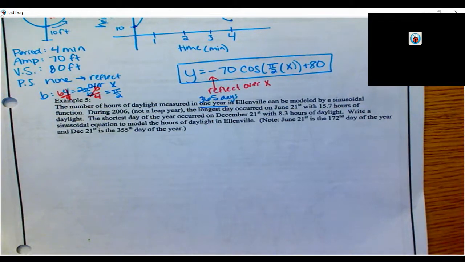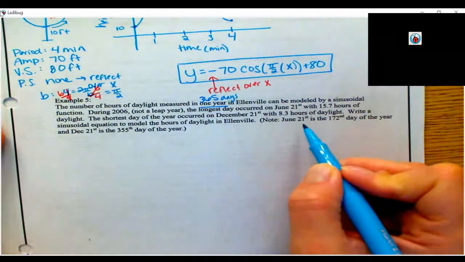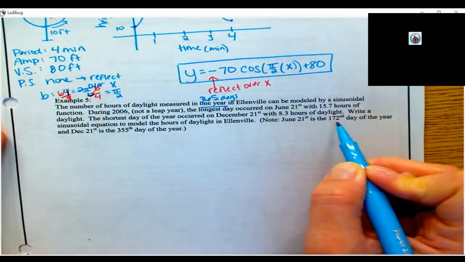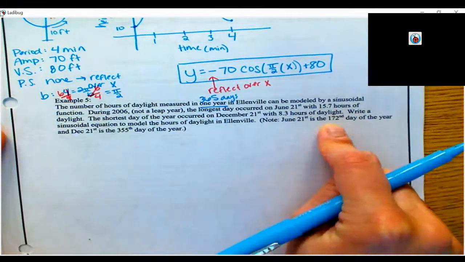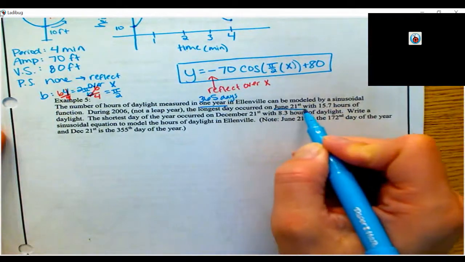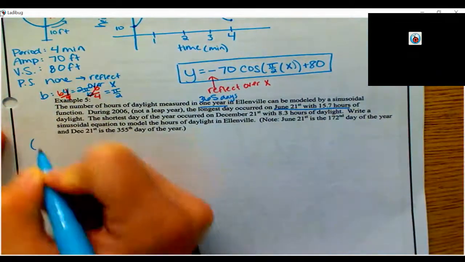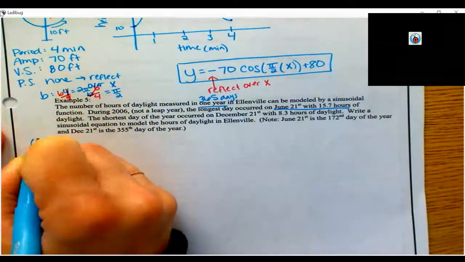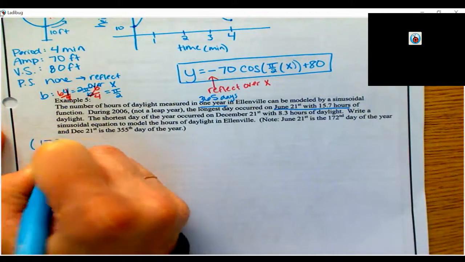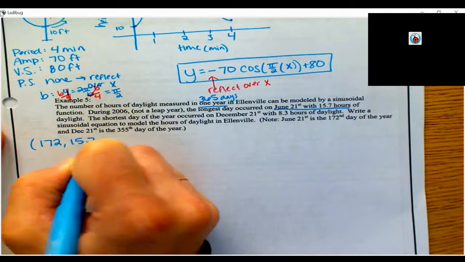Okay. We know on June 21st, that's the 172nd day of the year. How much daylight was on June 21st? 15.7 hours. So I'm just going to write this as an ordered pair. So on the 172nd day, I had 15.7 hours of daylight.